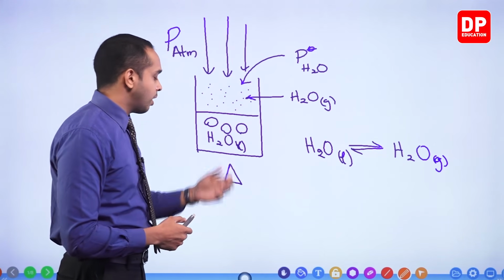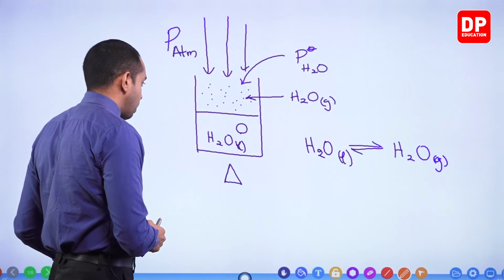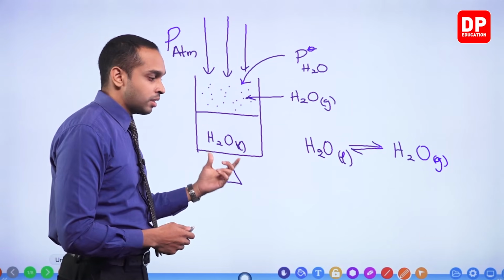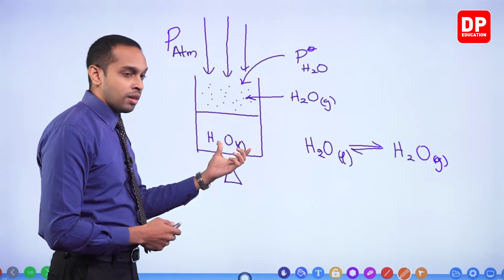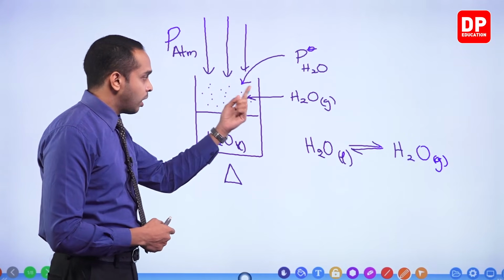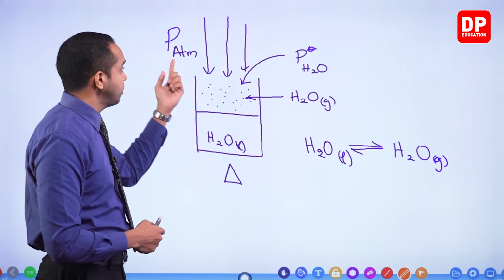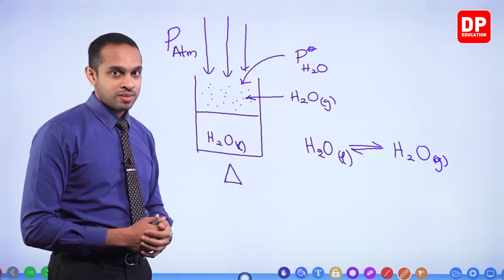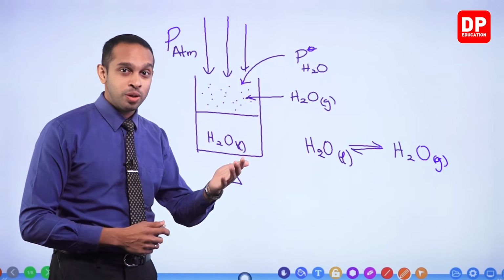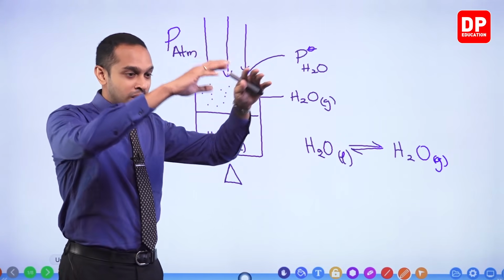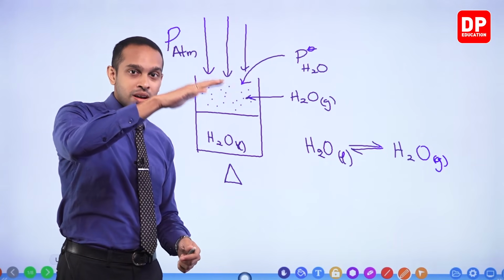So whenever we want to boil a liquid, what is essentially happening is we are increasing the temperature of the liquid until its saturated vapor pressure is equal to the atmospheric pressure, right? That's why when we use a pressure cooker, water boils at a higher temperature, because within the pressure cooker, in the upper area, the pressure is high.